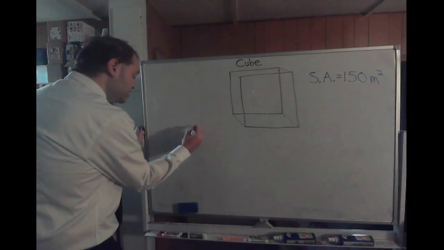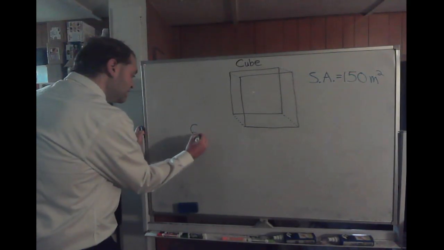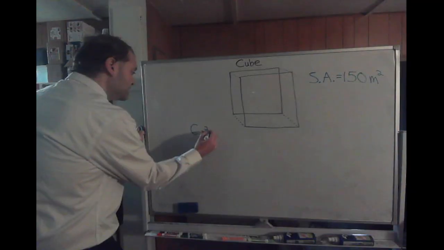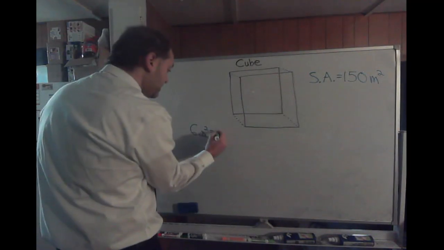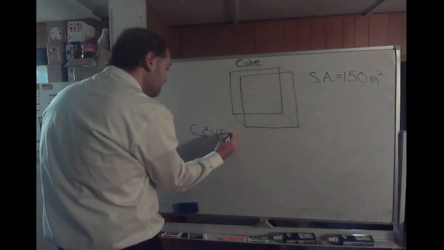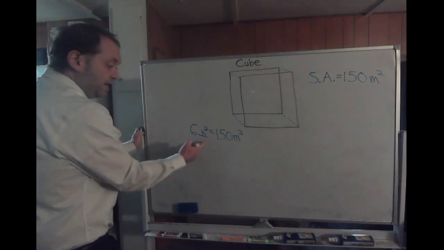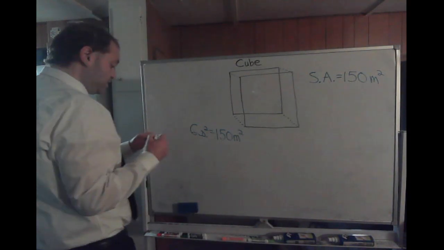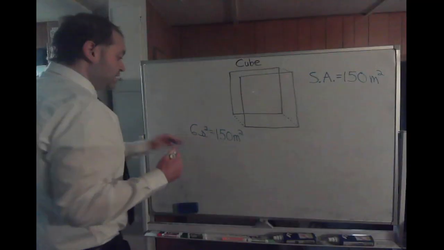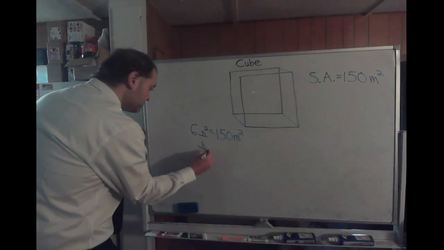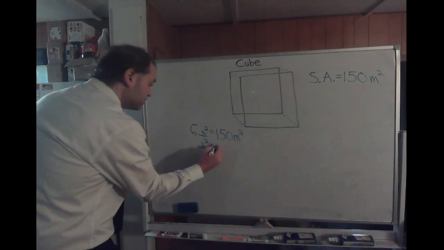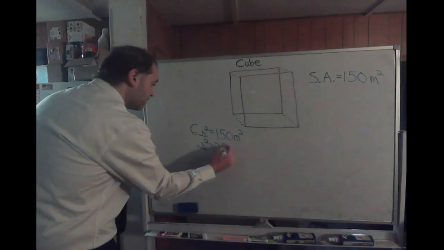So what you're going to do is take 6 times the side squared, set that equal to what your surface area is, which is 150 square meters. And then we'll get s squared by itself. So s squared, you divide both sides by 6, would give you 25 meters squared.